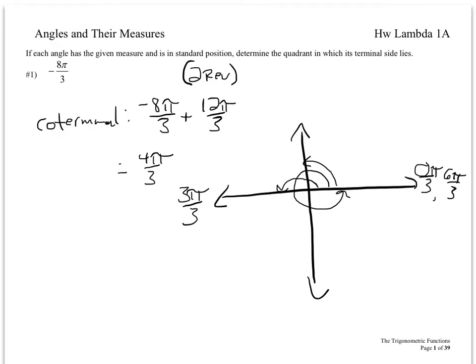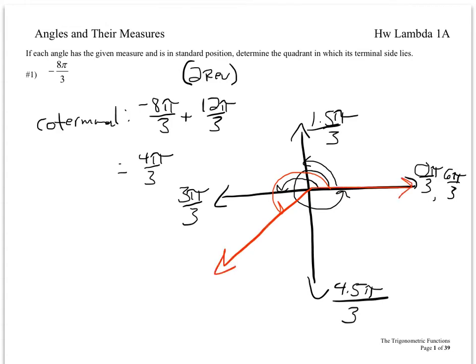Halfway between 0 and 3 would be 1.5 pi over 3. Notice the numerators go from 0 to 1.5 to 3, so the next one's going to be 4.5, adding 1.5 each time. So this angle, which is 4/3 pi, would be down here in quadrant 4.